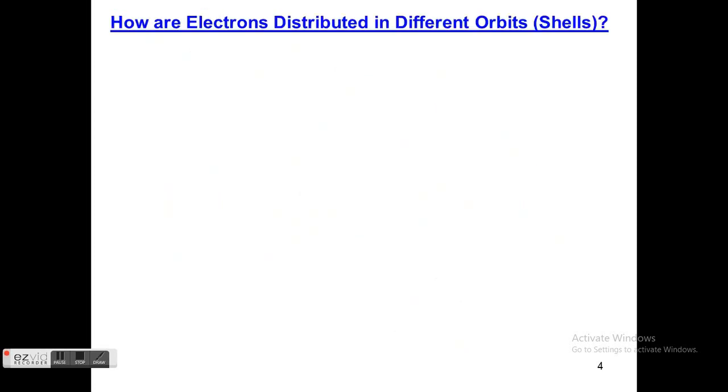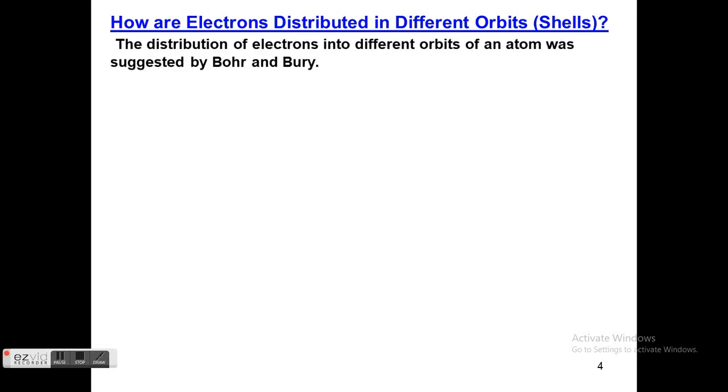Now let's see how the electrons are distributed in the different orbits of atom. The distribution of electrons in the different orbits of an atom was suggested by scientists Bohr and Bury.